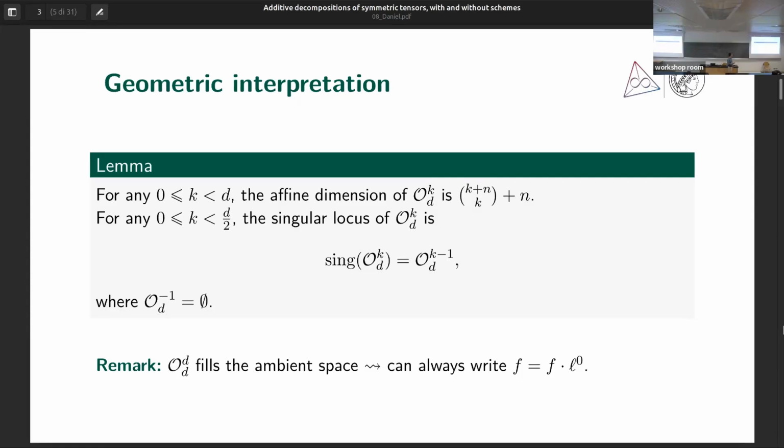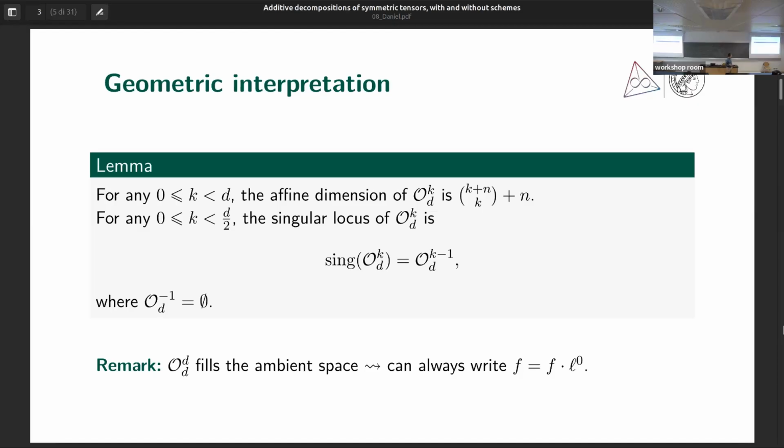And as a small remark, for those varieties you can easily compute the dimension. They are nested one inside the other, and at least for small k's, this nesting is really representing the singular locus. So the singular locus of the O_k variety is given by the previous one. This is not true if you go beyond the half, but okay.